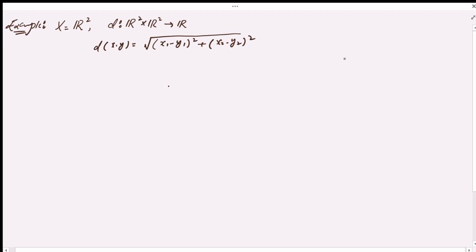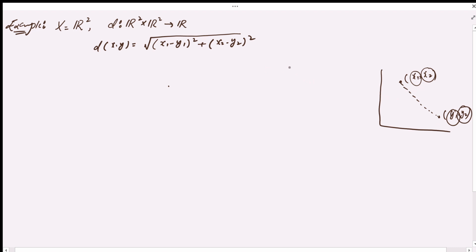Now before proceeding, you might have gone through this formula in lower classes, especially in 11th and 12th class. If we have a plane and two points in this plane, and suppose this point has the coordinates x1, x2, and this one has the coordinates y1, y2, in order to find the distance between these two points, we subtract this with this and this with this respectively.